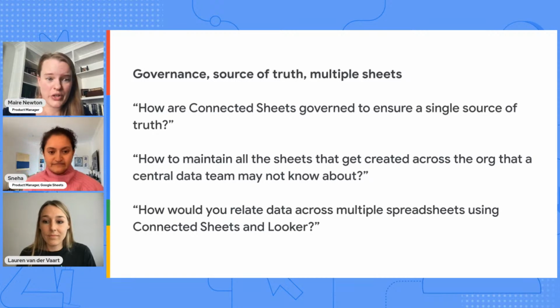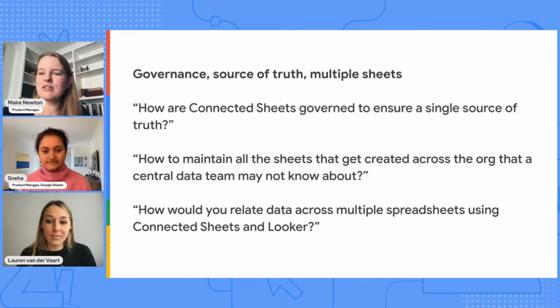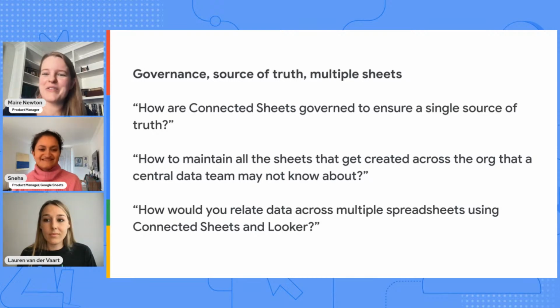The only other thing I'll note is that you can also connect to more than one data set within a Google Sheets file. Each connection would basically show up as a different tab inside the file, and you can then create multiple pivot tables. If you need to start relating data across pivot tables, you can use Sheets formulas like VLOOKUPs that we all love to try to bring those data points together in a new report.